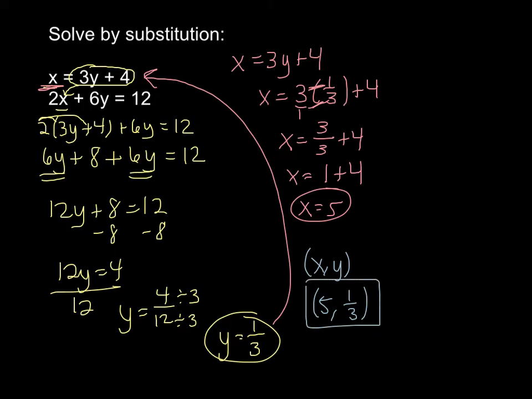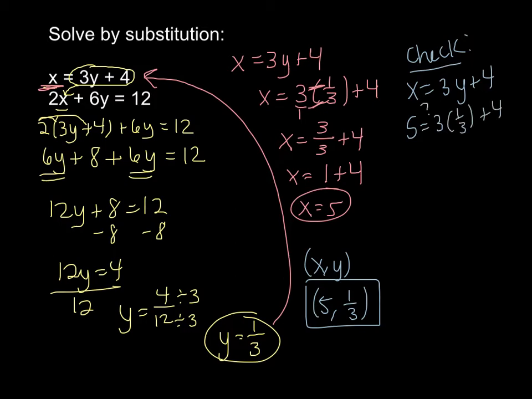Now I always like to check my answer just to make sure that I'm on the right track. So in order to check, I need to substitute both points into both equations. So you get x equals 3y plus 4. My x is 5. Is that equal to 3 multiplied by 1/3 add 4? Well, I get 5 equals 1 add 4. That works. My second equation is 2x plus 6y equals 12.